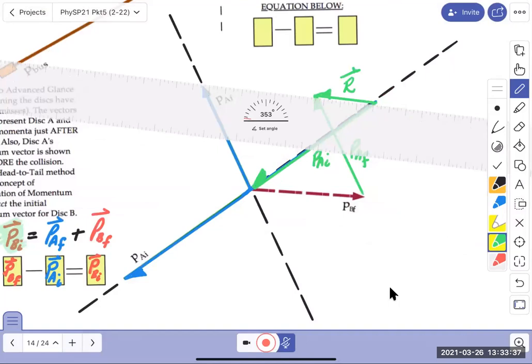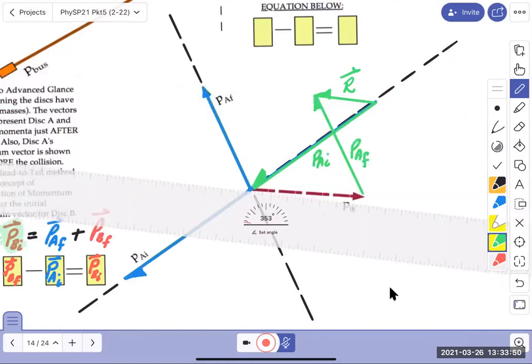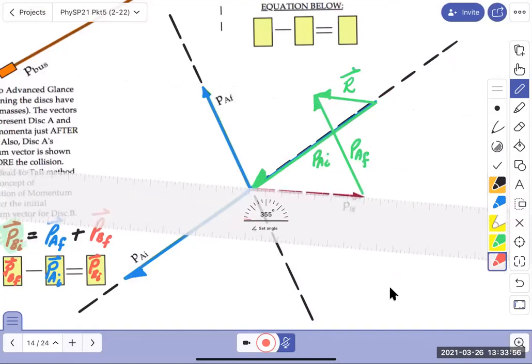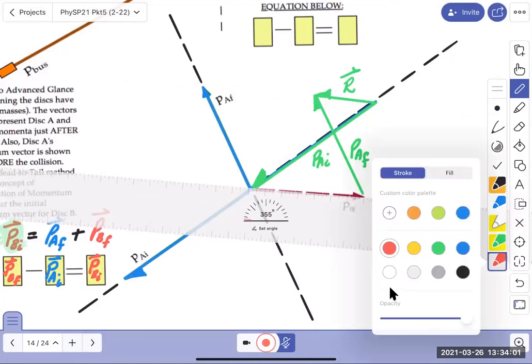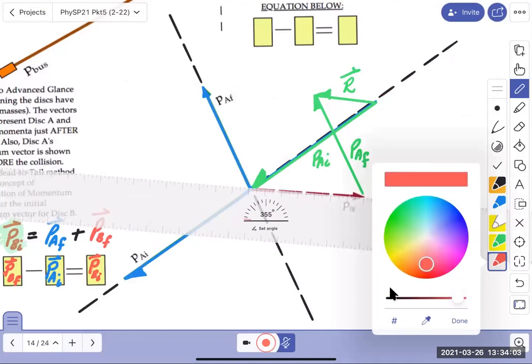So now I take that R, and that's going to be my initial momentum vector of B. Boy, howdy, look at that. So I'm going to make PB, let me just make it dark red. Dark red, like that.